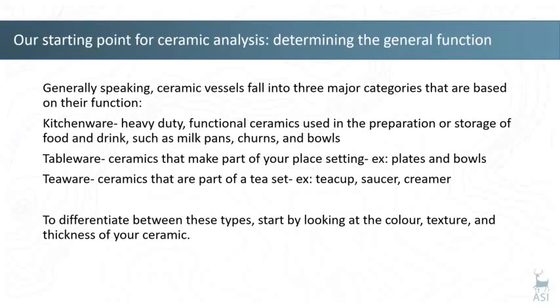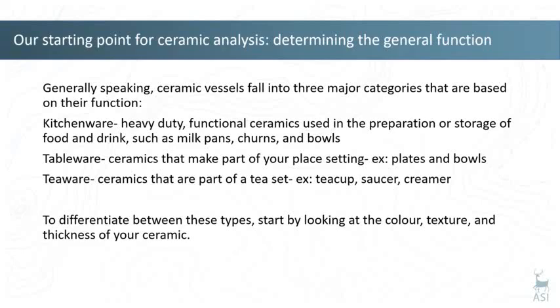To start, we're going to want to look at the 3 major categories of ceramics, which are kitchenware, tableware, and teaware. Kitchenware is everything that's used in the kitchen in food preparation. So think of a mixing bowl, a baking pan, or a big crock.